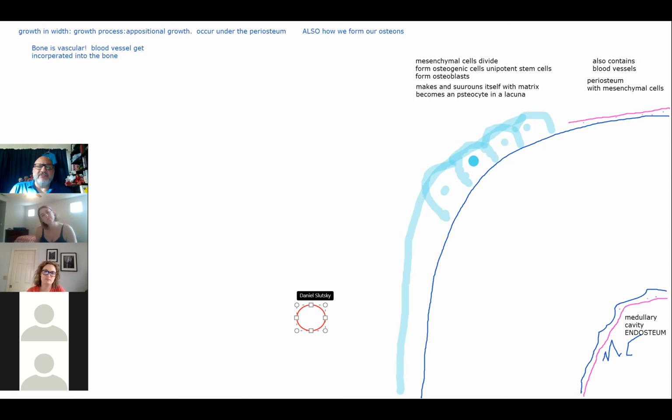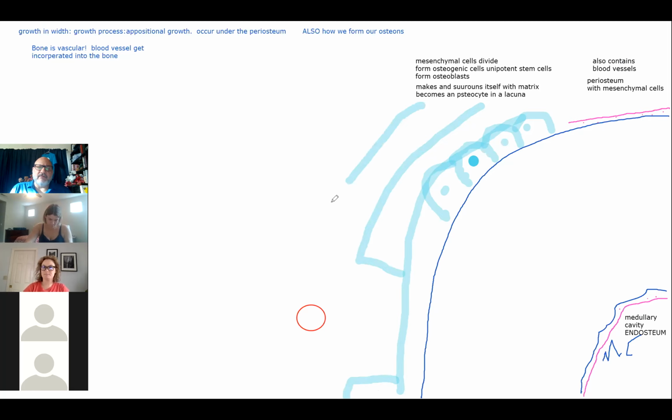And so what happens as our osteoblasts are making layers of matrix is they respect the boundaries of the blood vessel. And they don't build matrix where the blood vessel is.